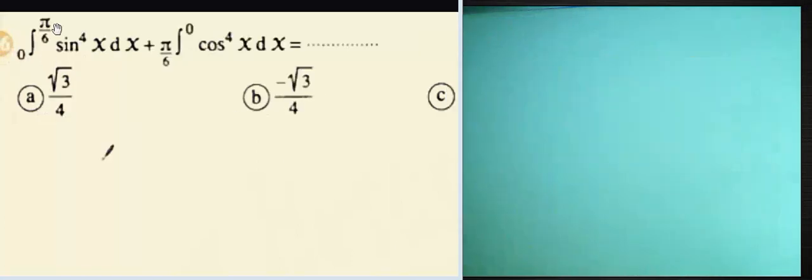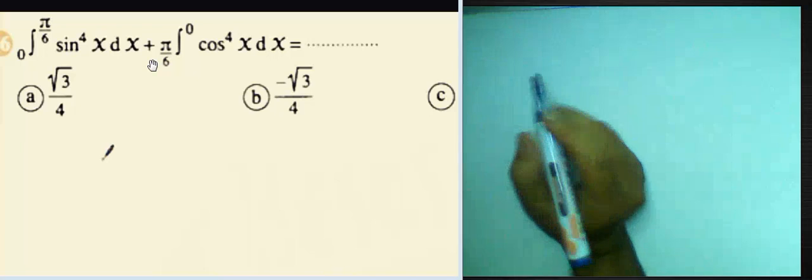Integration from 0 to pi over 6 of the function sine power 4 x dx plus integration from pi over 6 to 0. We have symmetry here in the interval, but we can invert here and convert the sign. Understood? Using the identity to find the result. Look at the steps here.